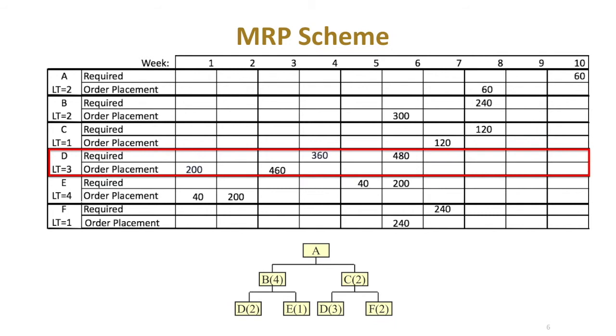So, at the beginning of weeks 2 and 3, there are 20 items of D on stock. Therefore, a manufacturing order of only 460 items needs to be placed in week 3. Calculating the requirements across many different products will get quite involved, so MRP requires computer software to manage it all.